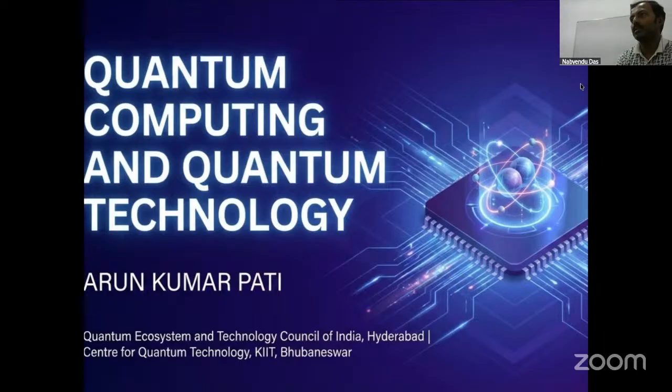Then he held academic positions at the Institute of Physics Bhubaneswar, HRI Allahabad, IIIT Hyderabad, and he is also associated with many centers, such as the Center for Quantum Technology at KIIT University. He is also founding director of the Quantum Ecosystem and Technology Council of India. He has many pioneering contributions on the no-deletion theorem, no-hiding theorem, no-masking theorem, etc.